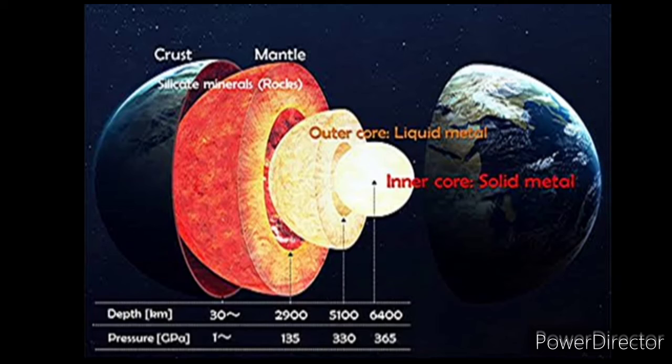It has very high temperature and pressure. It has around 15% of Earth's volume and 32.5% of Earth's mass. As we move from the crust towards the core, the pressure and density increase towards the center of the Earth.